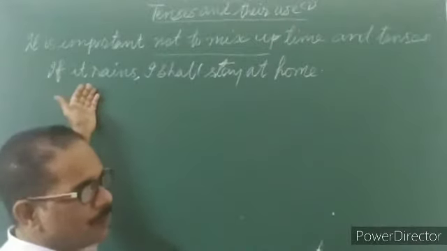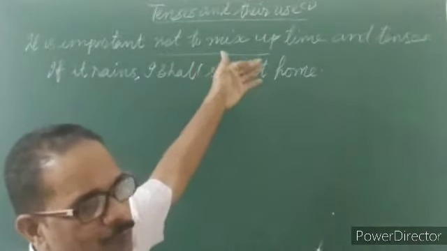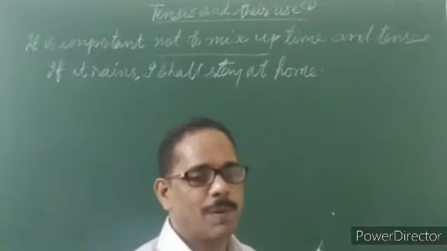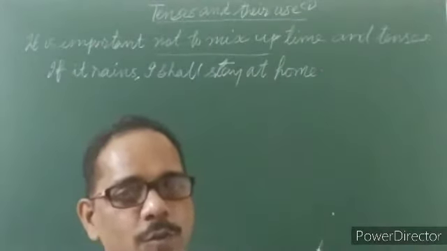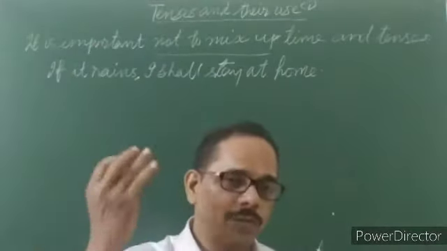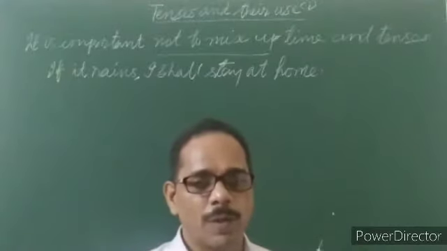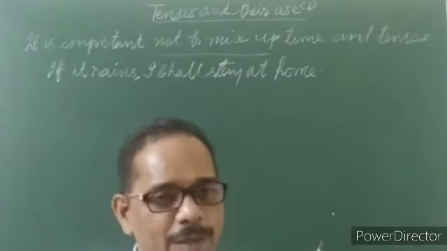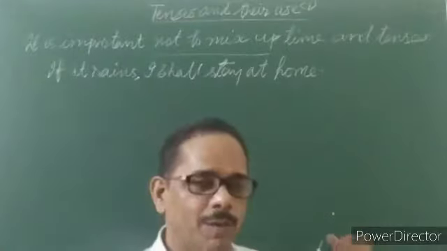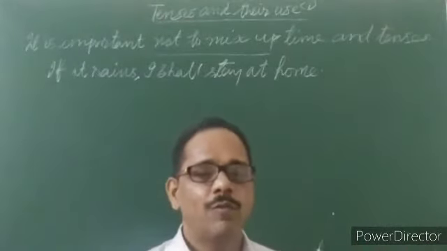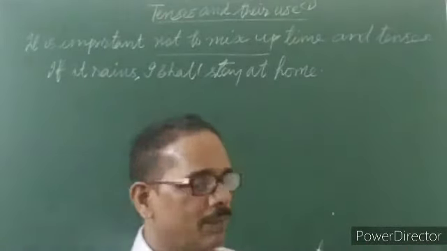Simple present can be used to speak of a future action. Not only to speak about what is happening now, it can be used to speak about a future action too.